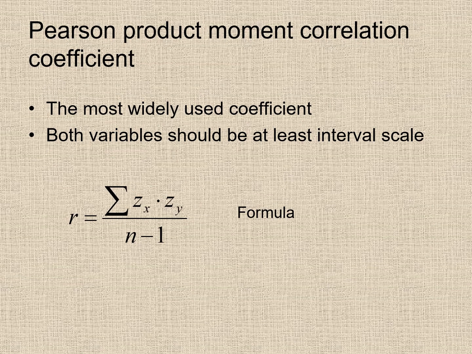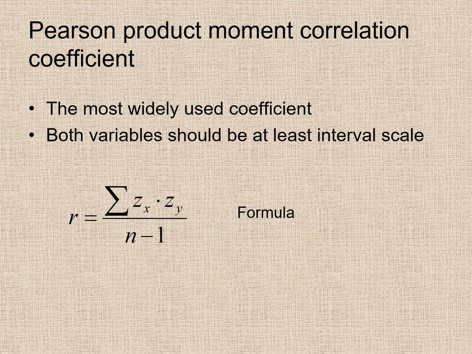There are different correlation coefficients, but the most widely used is probably the Pearson product moment correlation coefficient, usually called Pearson's correlation. You have the formula there.